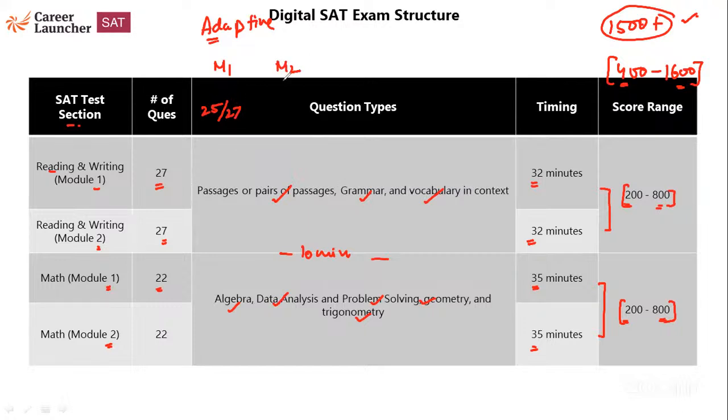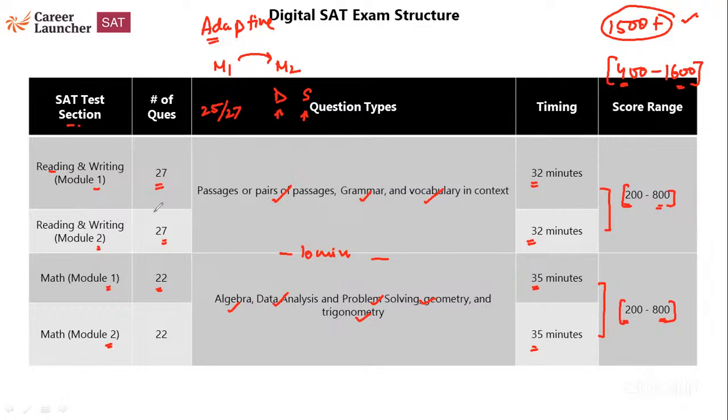In module 2 of English, the difficulty level increases, and your chance of getting a higher score increases a lot. So module 2 is dependent on the accuracy of module 1.